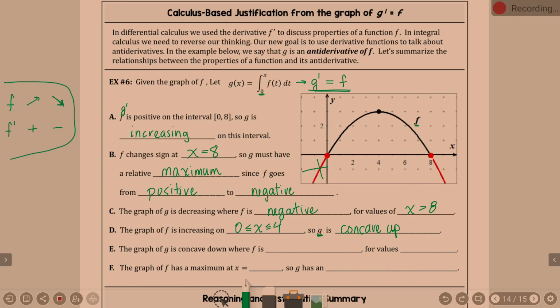I don't know the signs, 4 and 8, and actually past 8, 4 to infinity. Mine just says X greater than 4. If you're going to use interval notation, I don't know. Mine just uses X greater than 4. So the graph of G is concave down where F is decreasing for values X greater than 4.